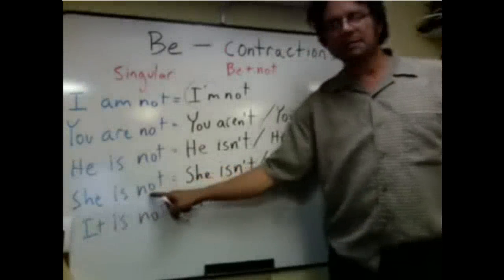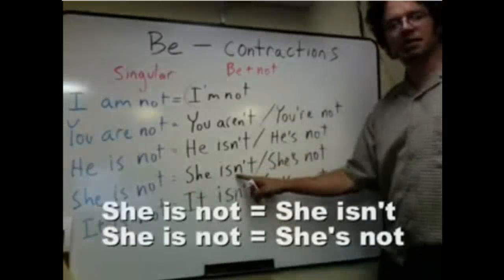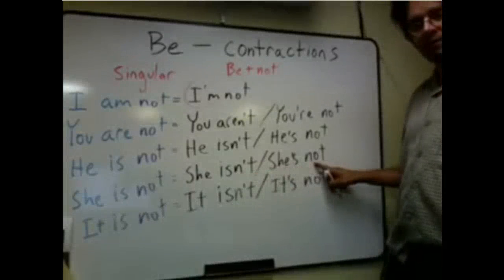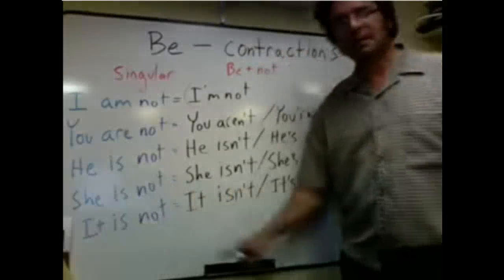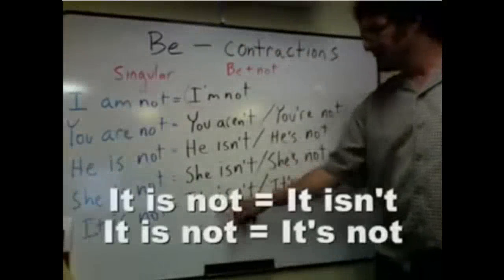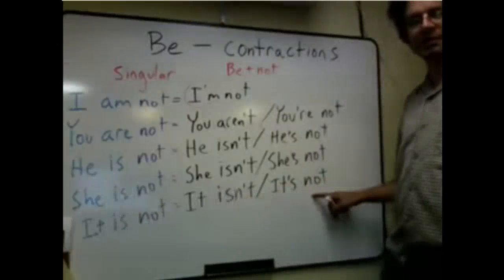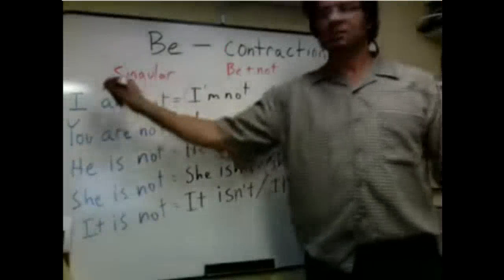She is not becomes she isn't or she's not. And it is not becomes it isn't or it's not. These are all singular.